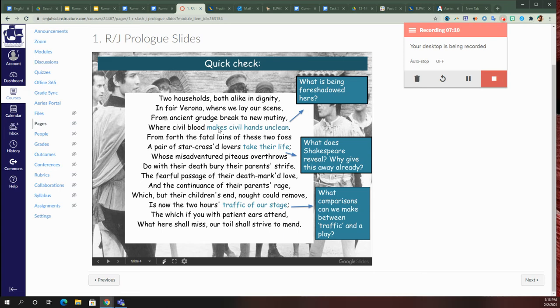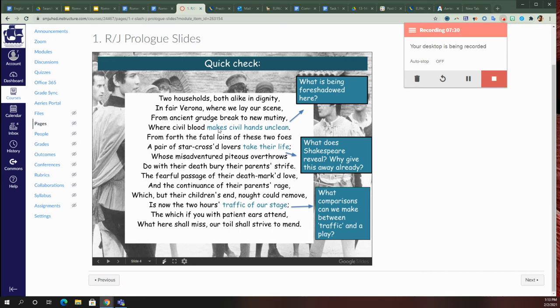The third question is based on this idea of traffic of our stage. So if you've ever been to a play, or if you've ever seen a movie that takes place in a big city, you'll notice that there's a lot going on.